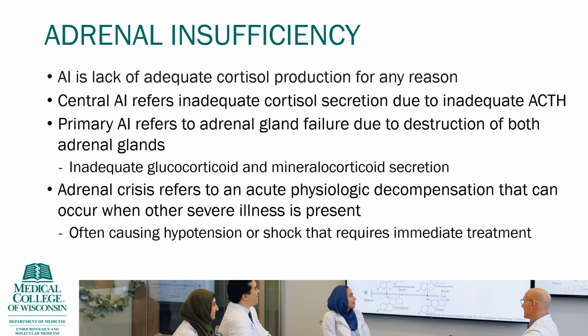And there's inadequate glucocorticoid, which is cortisol production, and inadequate mineralocorticoid or aldosterone production and secretion. And then adrenal crisis refers to acute physiologic decompensation that occurs when a patient is severely ill. This often leads to very low blood pressures or shock, and it is a life-threatening emergency that really needs prompt diagnosis and treatment.